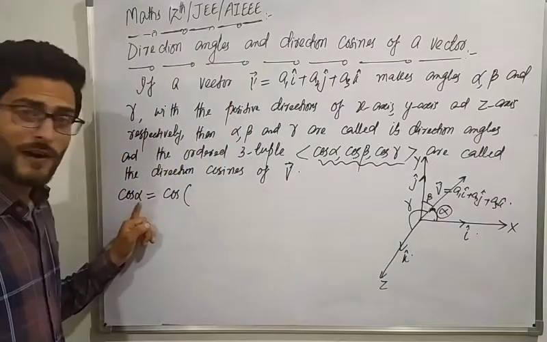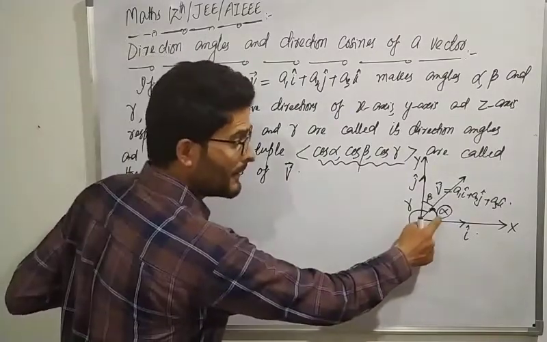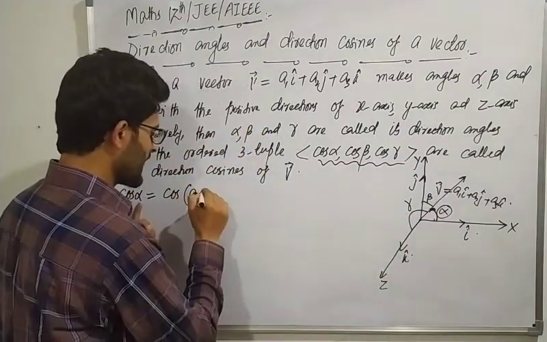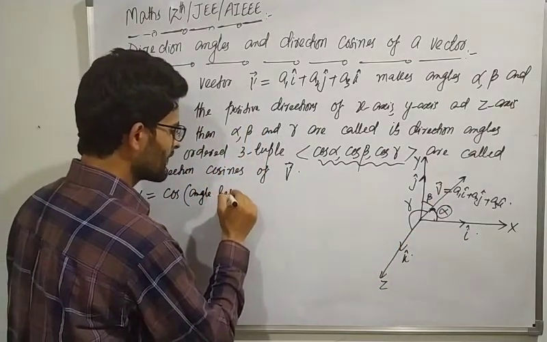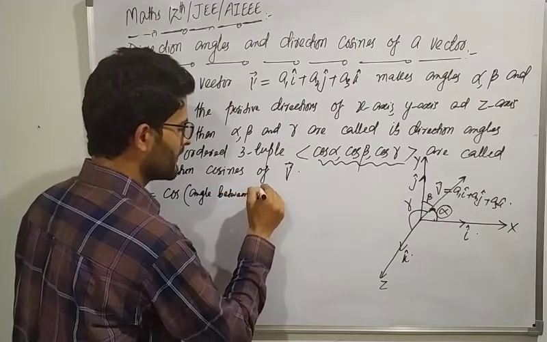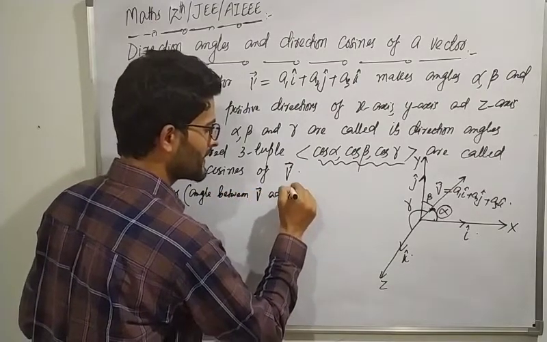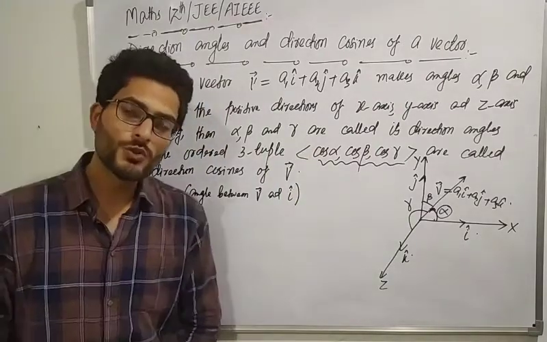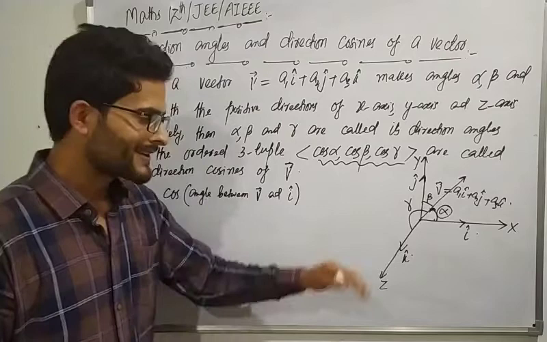So, what will we write in place of cos alpha? What is alpha now? Angle between v and i cap. So, cos of the angle between vector v and unit vector i cap, because i cap is a unit vector along the positive direction of what? X-axis.